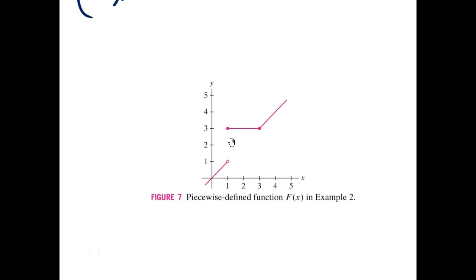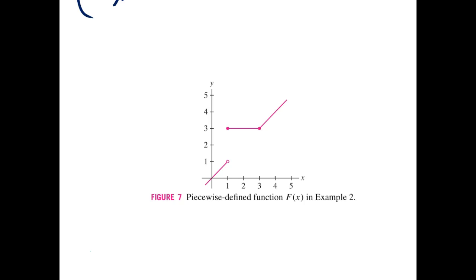So from x less than 1, it's the identity function, but not including 1, that was just less than, you have to put an open circle there. Between 1 and 3, including 1 and 3, that's why you had equal to on both of those, then you have this equal to 3. Then, past 3, any x greater than 3, it continues the identity function. So it continues that function on like this.